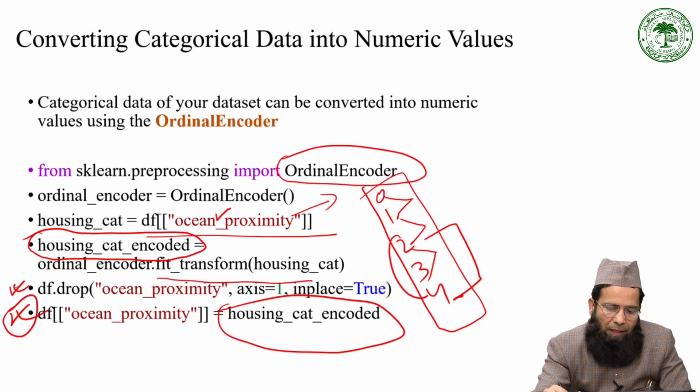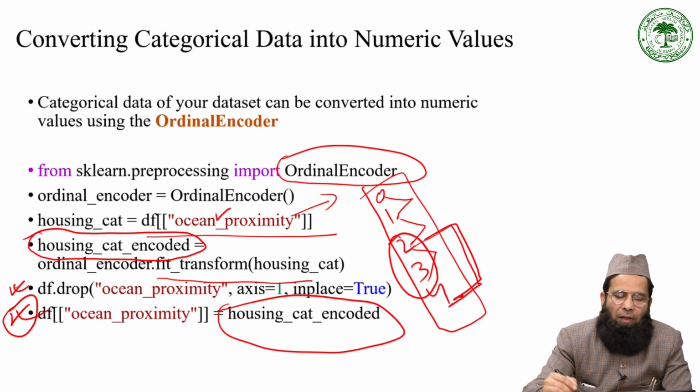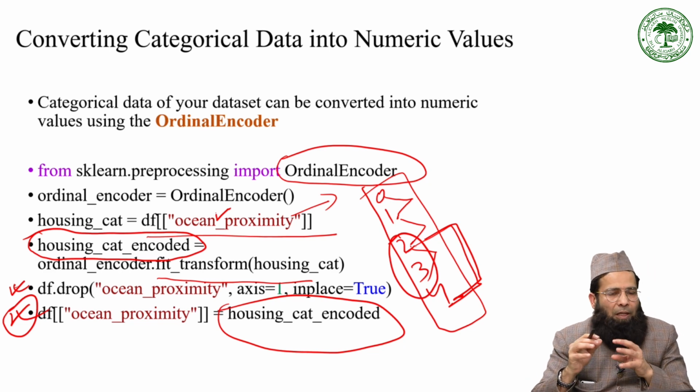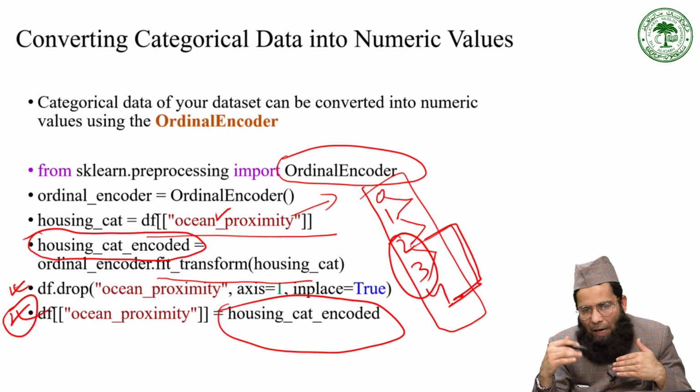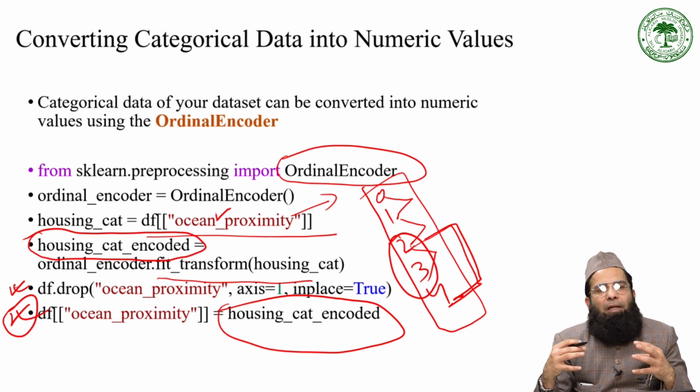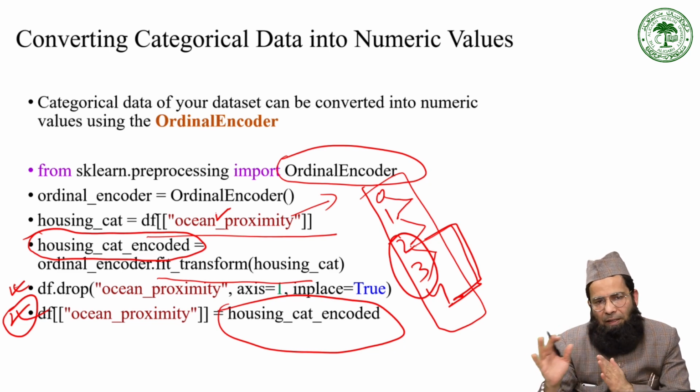So 2 and 3 are nearer to each other, while 2 and 4 are farther apart compared to 2 and 3. This type of information is somehow not right as far as machine learning models are concerned.